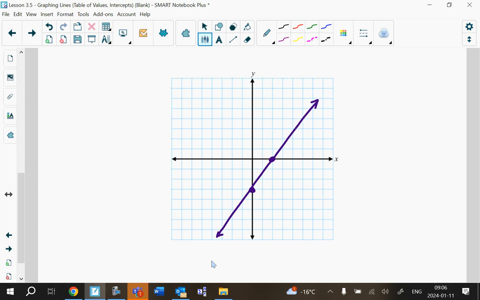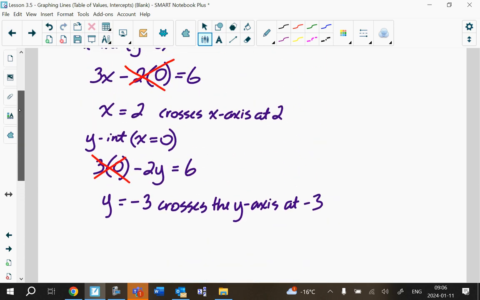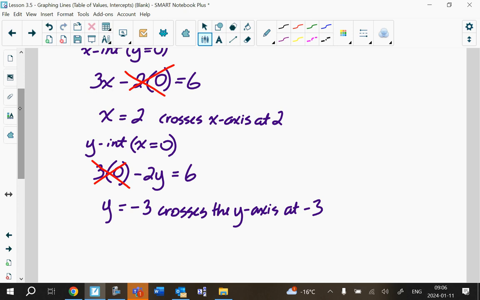One last thing. Sometimes a common error students will make here is they find X, they find Y, and they think that this is a point on the line. These are two separate points. These have nothing to do with each other. Okay?